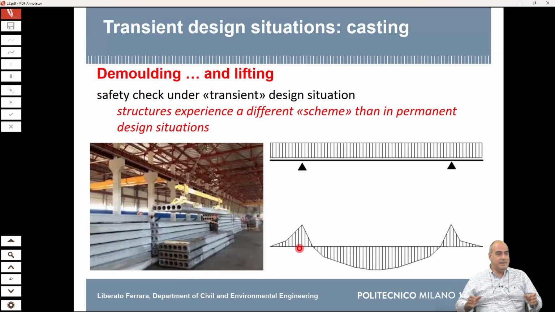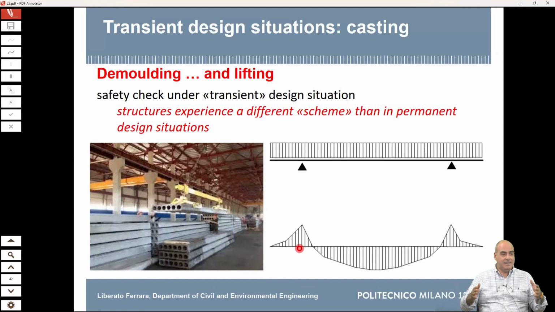Well, generally, these supports here are, for example, 20 centimeters from the edge. They are not really in the middle. But they are at a distance where, if your element is pre-stressed, at that position the pre-stressing is not yet fully developed, because for developing the pre-stressing you need the development length.